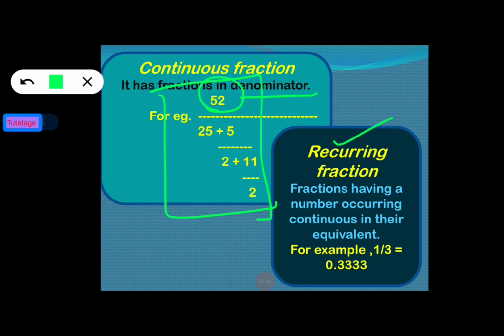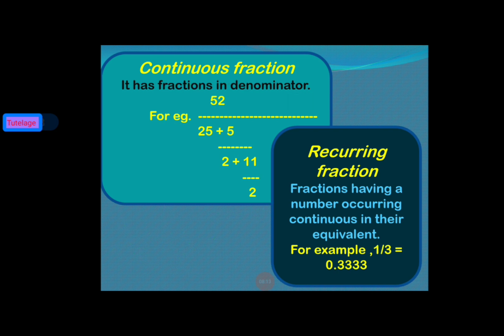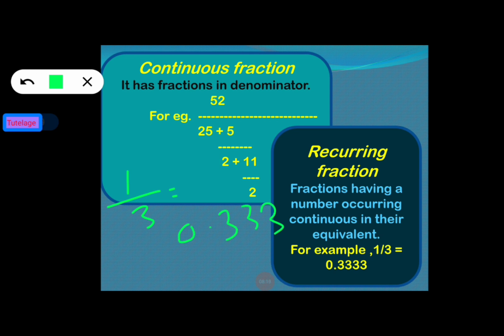Now move on to the last type, that is the recurring fraction. So what is a recurring fraction? A recurring fraction is a fraction whose equivalent has a number occurring continuously. For example, 1 by 3 is equal to 0.333, so the number 3 is repeated again and again.